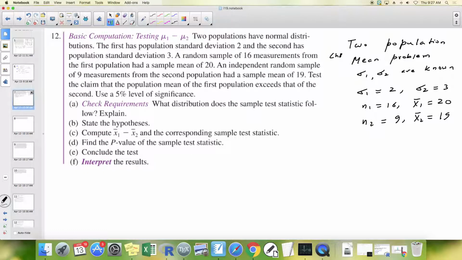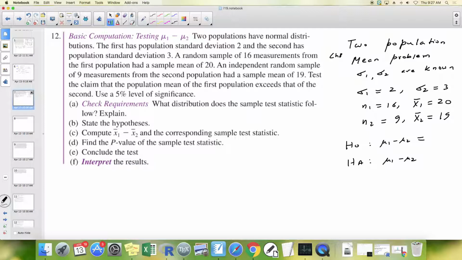Alright, and hence we start with step 1, find H0 and HA. And look, since it's a two population mean problem, it's always going to be mu1 minus mu2 equal to something, and mu1 minus mu2 bigger than, smaller than, or not equal to something. So here they're asking, is mu1 bigger than mu2 or not?